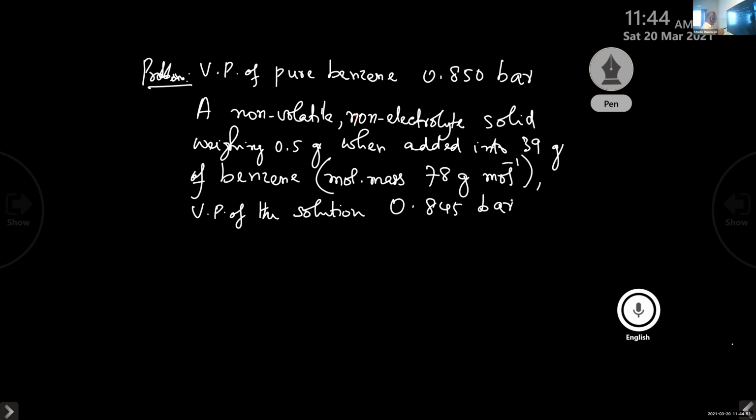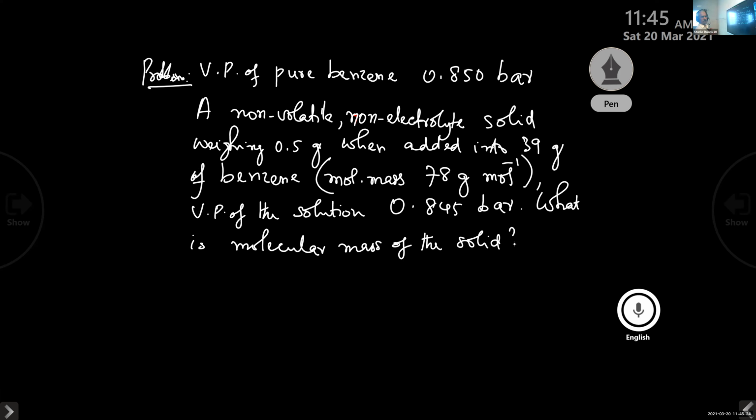What is the molecular mass of the solid? It's a very simple problem. Only the problems will be asked, not the equations.